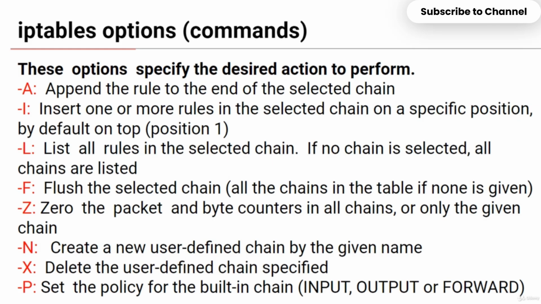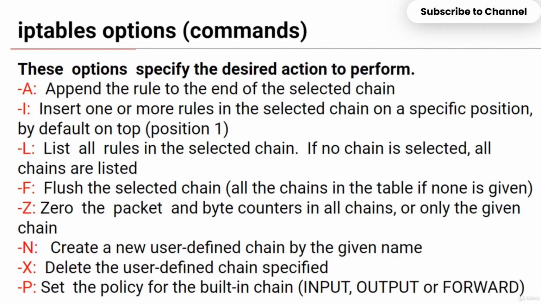Hello and welcome back. In this lesson, we'll talk about iptables options, flags or switches. These options specify the desired action to perform and only one of them can be specified on the command line unless otherwise stated. Also note that all of these options are written in uppercase letters.